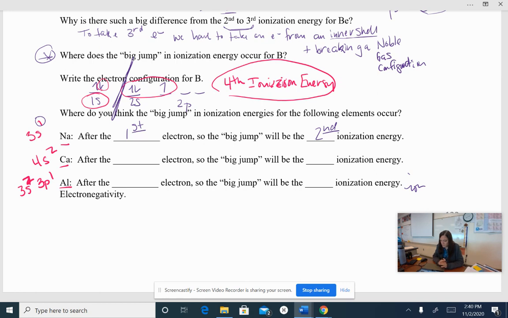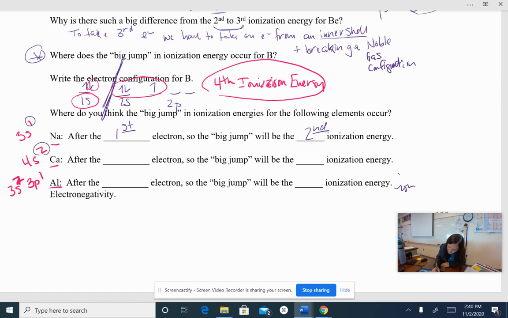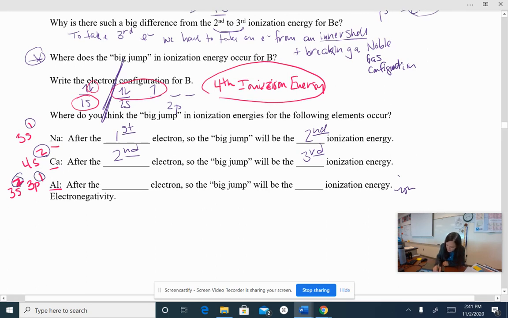Okay, you ready to check? So calcium, since I have 2 valence electrons, after that second electron, the big jump will be on that third ionization energy. And aluminum, I have 3 valence electrons.